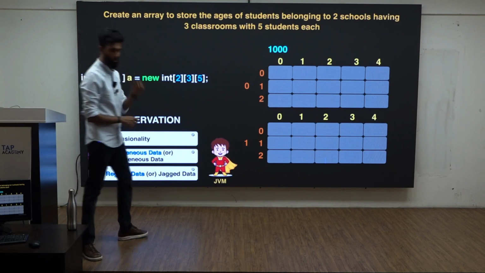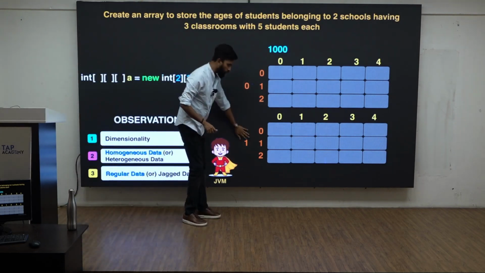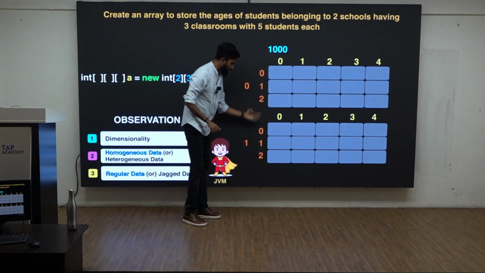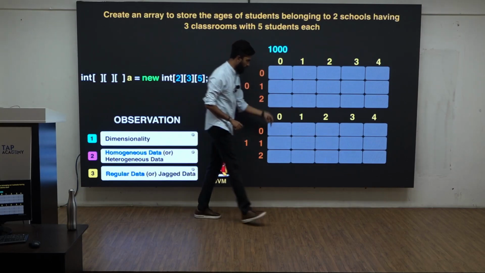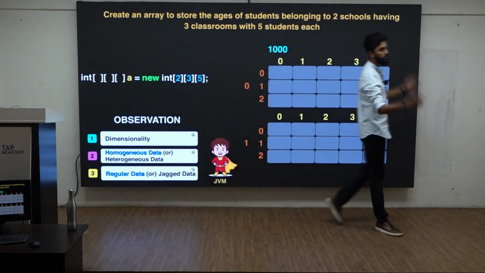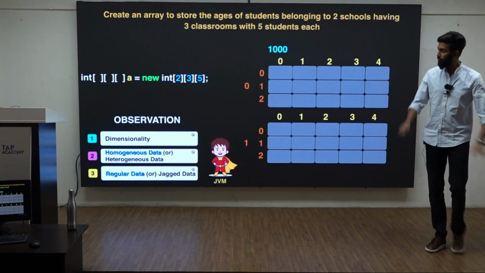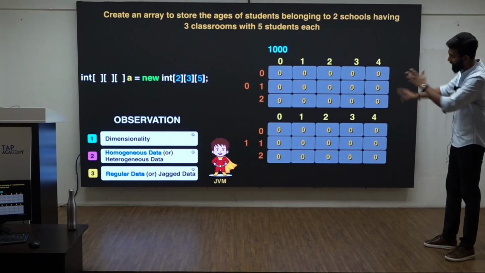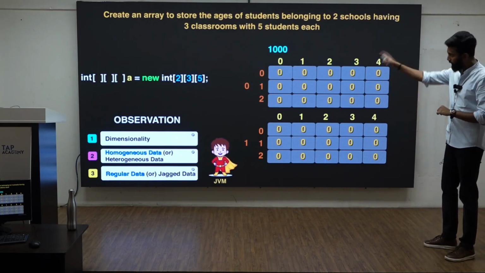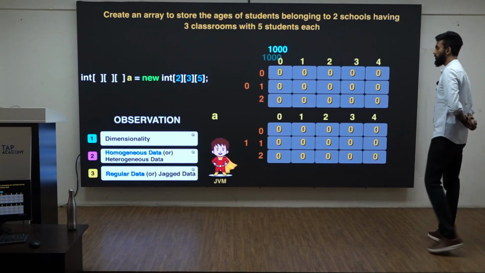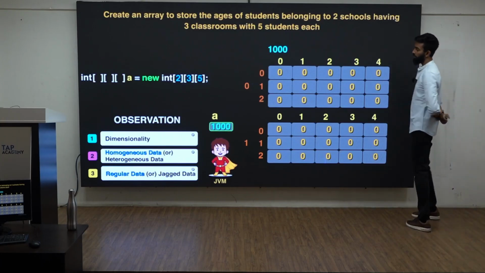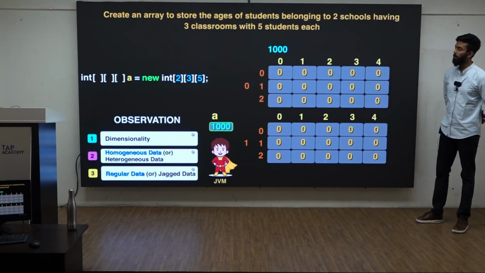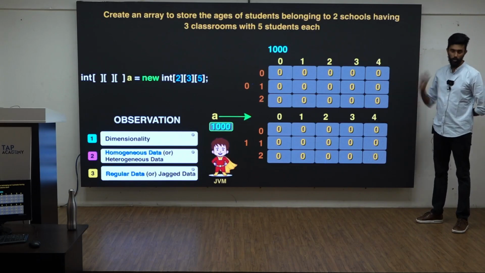Clear till here? So how you should see it is, there are 2 schools. Every school has 3 classrooms. Every classroom has 5 students. Clear till here? Of course, the default value is given, which is all zeros. The reference is nothing but a 1000 goes and sits inside A, which is referring to this. I think everybody got a 100% picture of this.